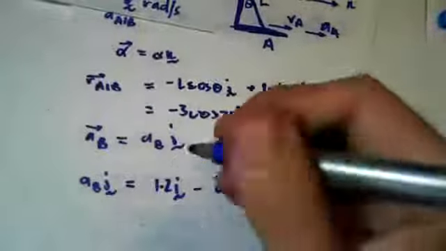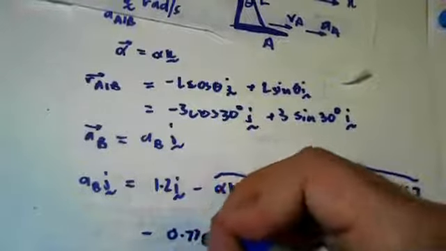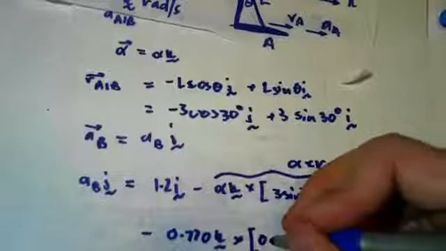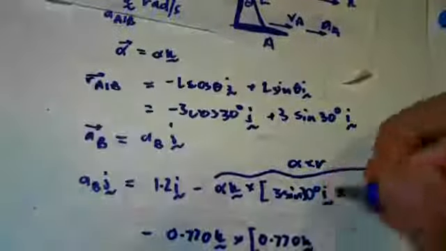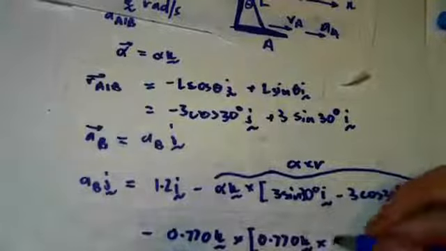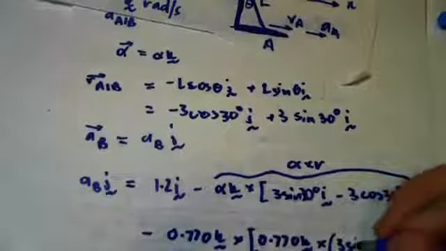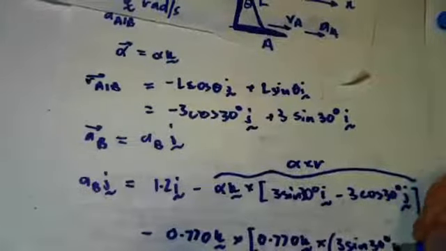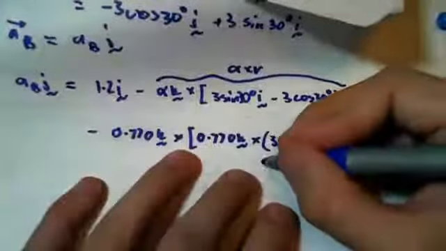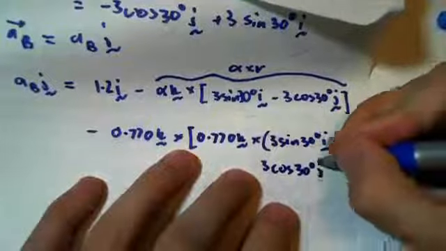And our omega cross r term is this, 0.770k cross 0.770k cross our r. So 3 sine 30 degrees i minus 3 cosine 30 degrees j.